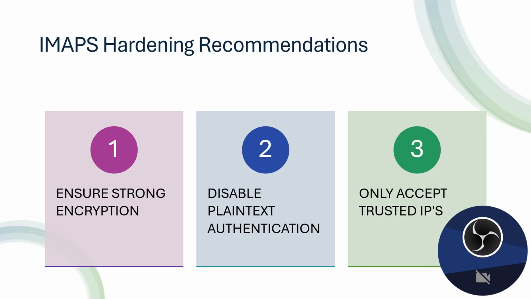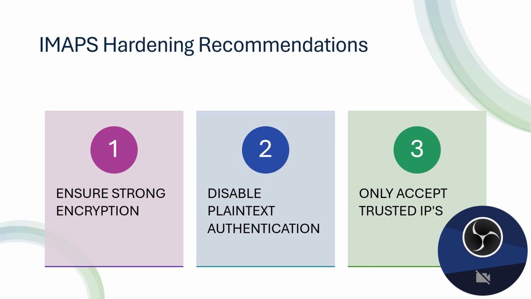Some IMAPS hardening recommendations using Dovecot first include ensuring strong encryption. I would ensure that you're using TLS 1.2 and disable any outdated or older versions. This is because they're just not as secure as the newest one. There's a reason it's the newest, it's the best. Next, I would disable plaintext authentication.